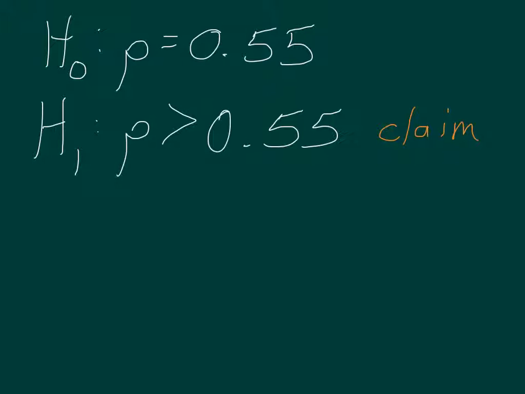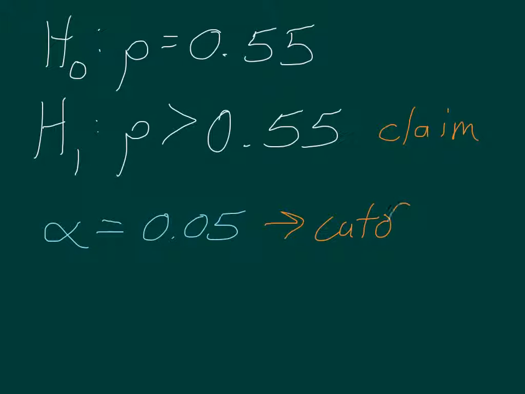So now, in order to test this claim, one of the things I need is an alpha. And let's say we're going to use alpha equals 0.05. Okay? Now, alpha, in its truest sense, is the probability of making a type 1 error, right? But what I want to focus on here is, just from a functional standpoint, this is going to be our cutoff for making a decision.